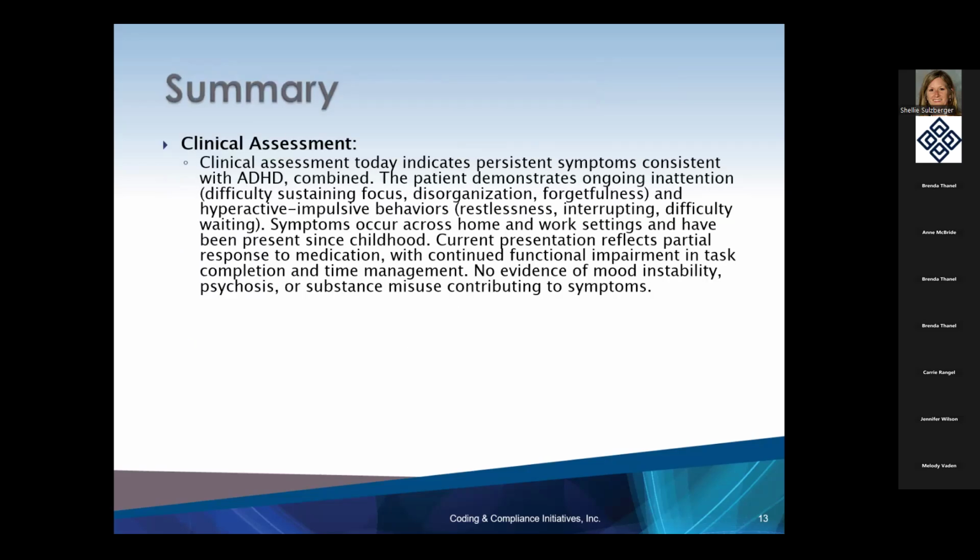So when we start thinking about it in summary, we're looking at that clinical assessment. So clinical assessment today indicates persistent symptoms consistent with ADHD combined. The patient demonstrates ongoing inattention, difficulty staying focused, forgetfulness, they're disorganized, hyperactive impulsive behaviors, restlessness, interrupting. Symptoms occur across home and work settings. They've been present since childhood.